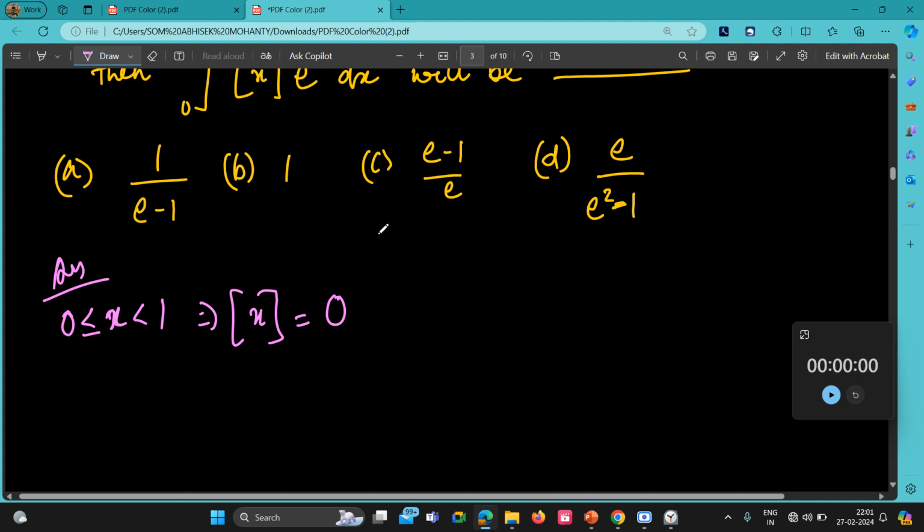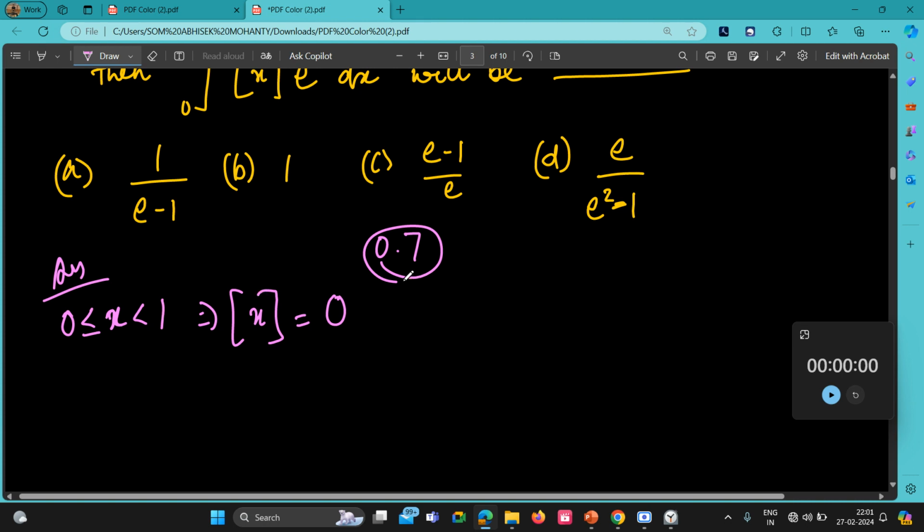It can be 0.7, right? So for 0.7, what is the greatest integer value? It is 0, because it's not equal to 1. It's between 0 to 1.